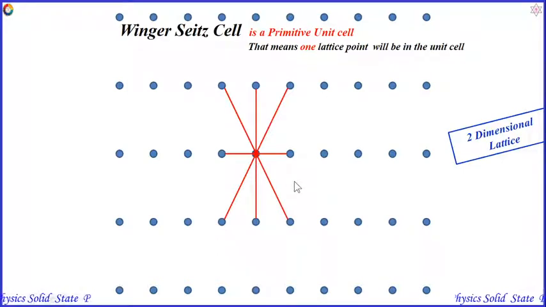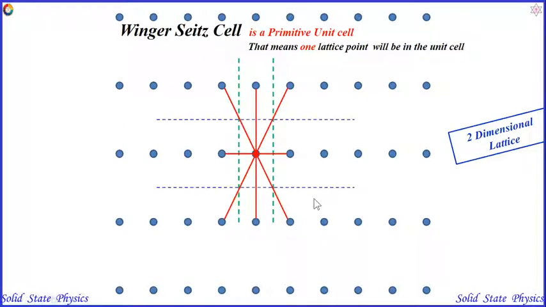So for this line and this line, the normal will be passed like this, and they also pass through the middle of these two lines. Next we have to consider this line and this line. Then the normals, sorry, we are considering this and this.